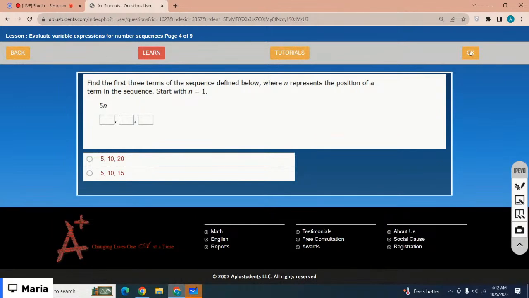The correct option is 5, 10, and 15. Option number 2 is the correct option. Very good.